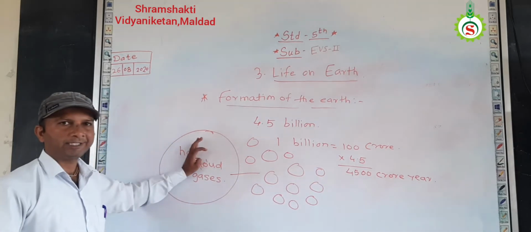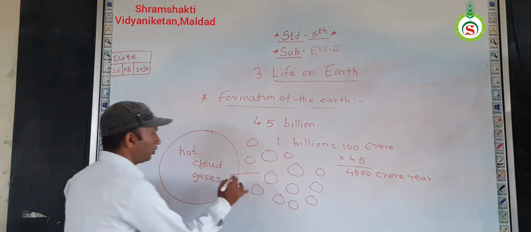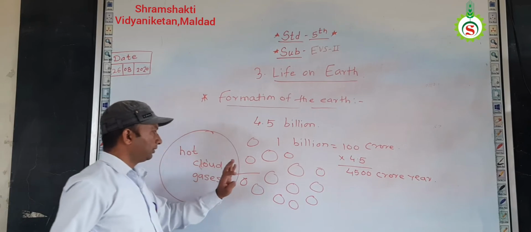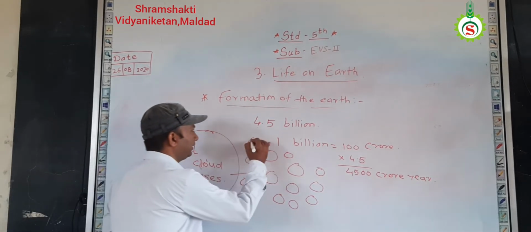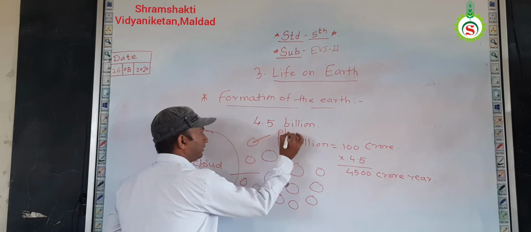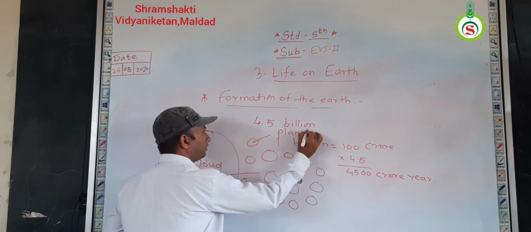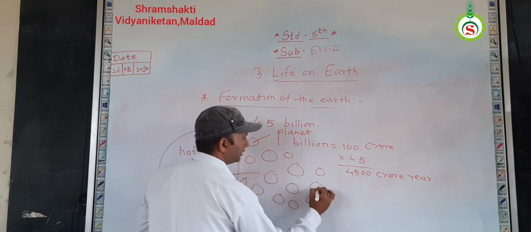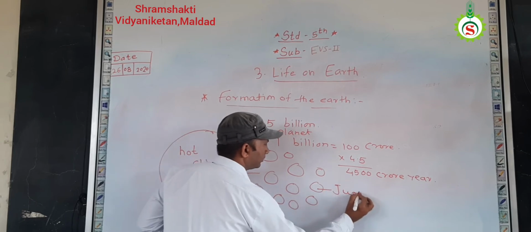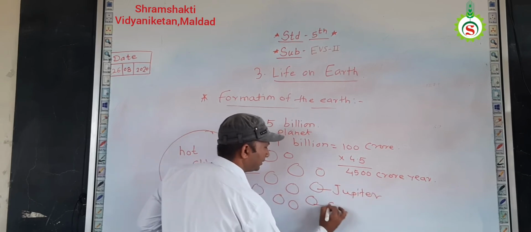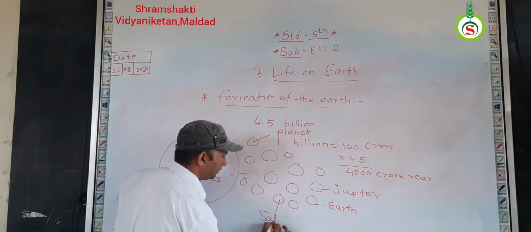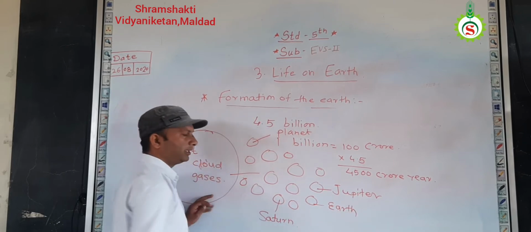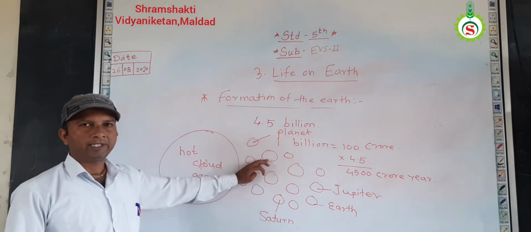By the great speed of this wind. So it is divided into smaller and smaller parts, and each part becomes a planet. Means one part becomes Jupiter, one part becomes Earth, one part becomes Saturn, like this. All the 8 planets are formed in this way.